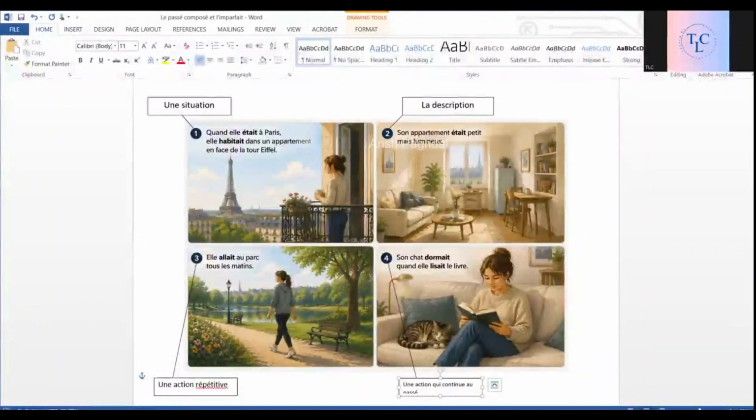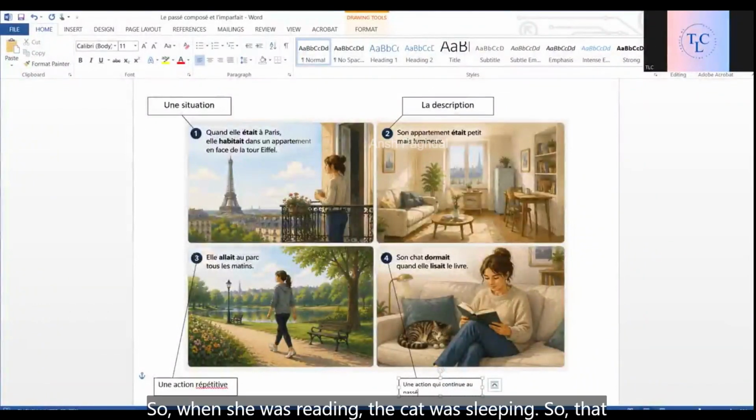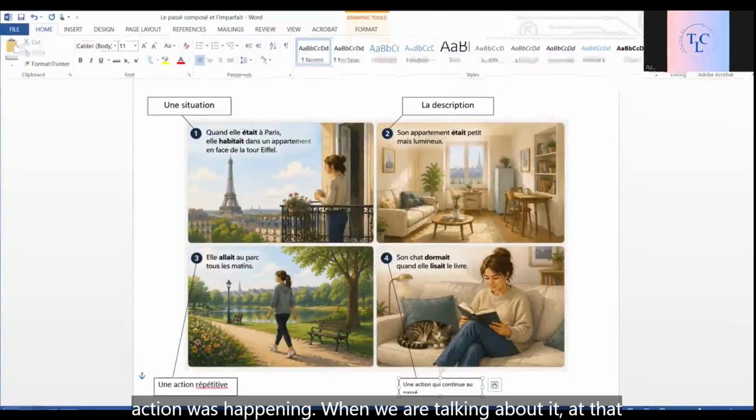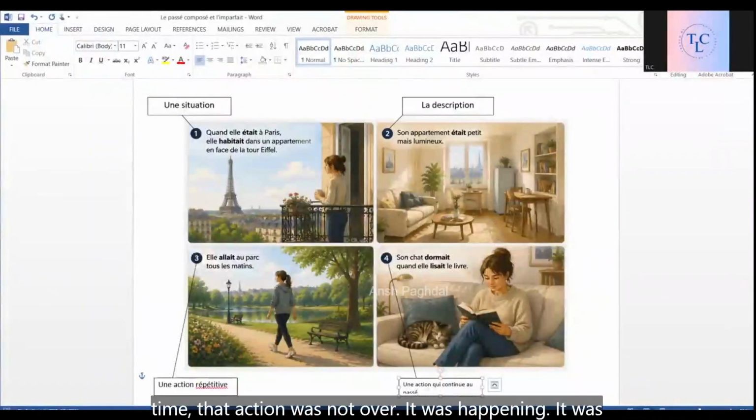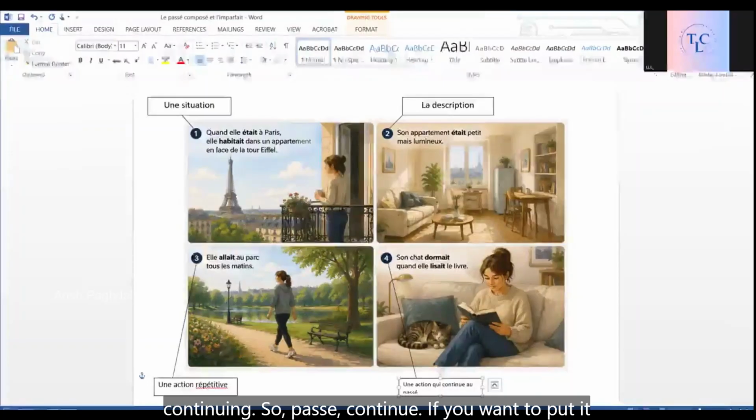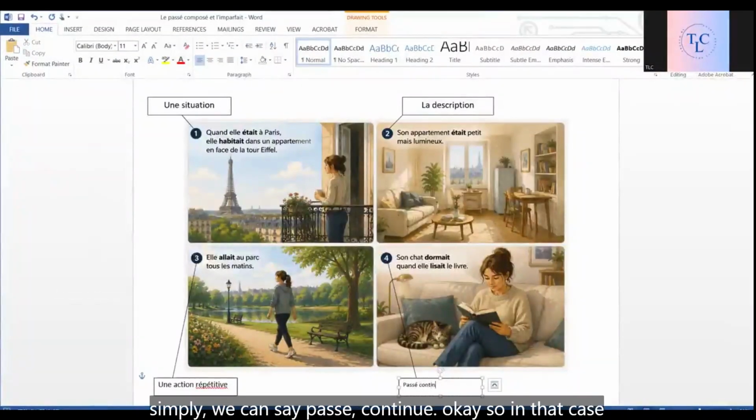Okay, past continuous. So when she was reading, the cat was sleeping. So that action was happening. When we are talking about it at that time, that action was not over. It was happening. It was continuing. So passé continu. If you want to put it simply, we can say passé continu.